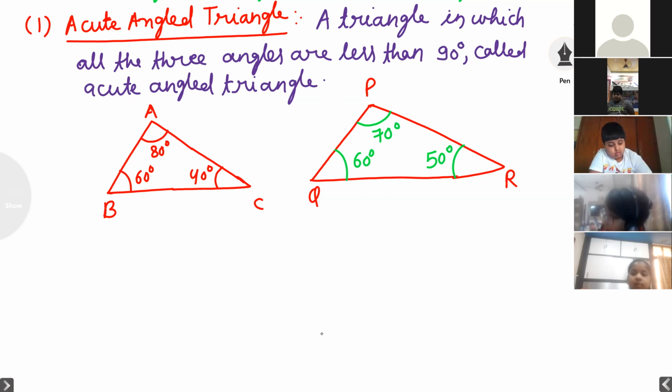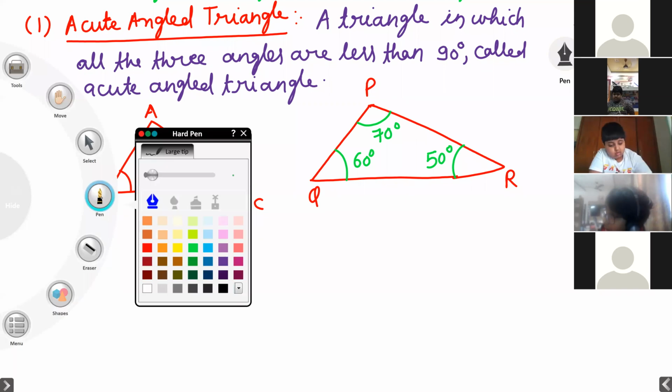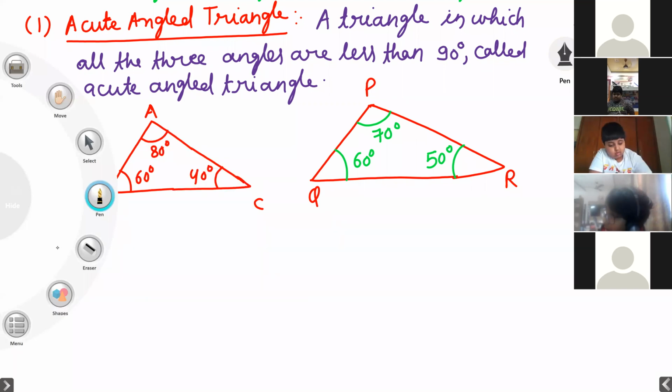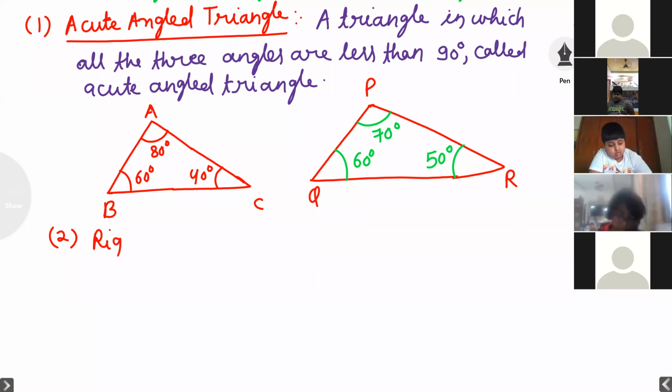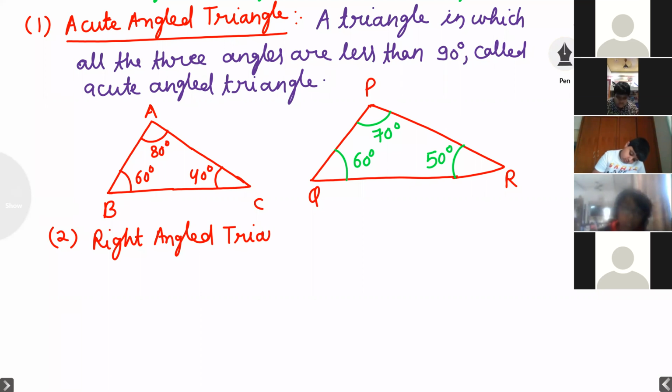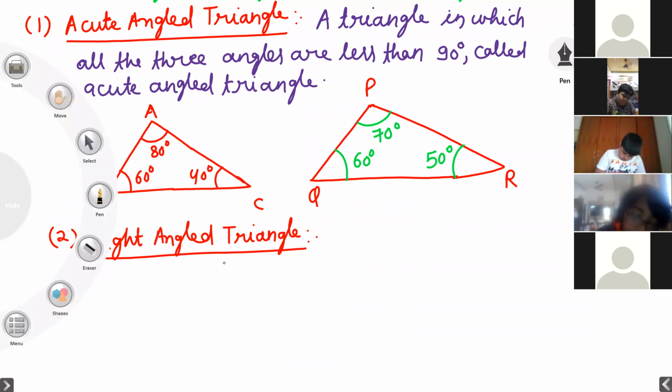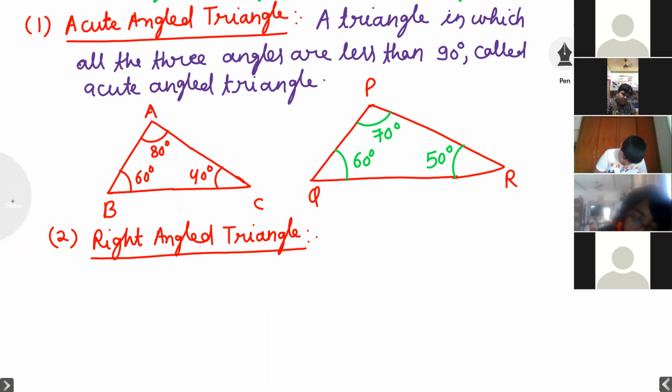Now, second heading: right angled triangle. A triangle in which right angle means at least one angle will be 90°.